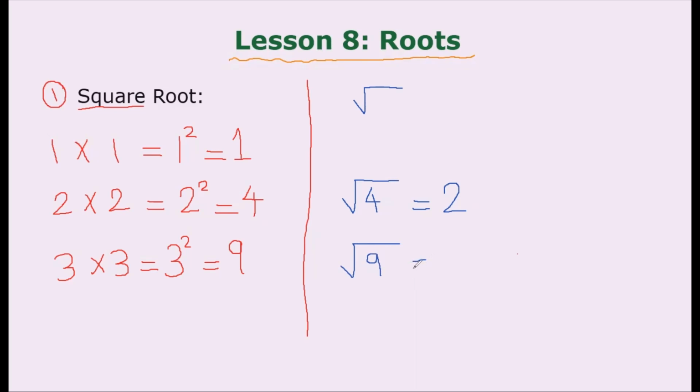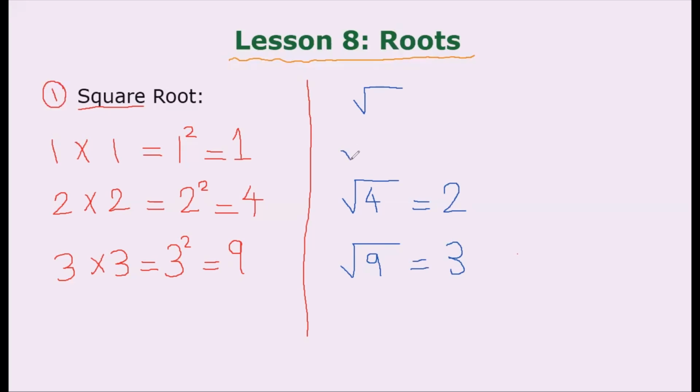We ask ourselves the question, what is the number that if multiplied by itself will give us 9? Of course, that number is 3. 3 times 3 is equal to 9, so we write the square root of 9 is equal to 3. And here again, we can notice that 3 squared is equal to 9.